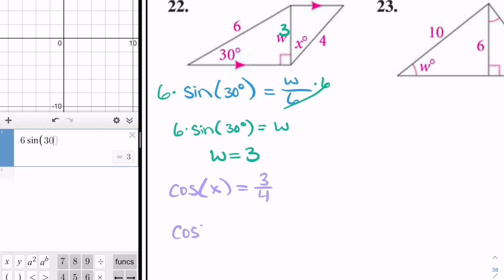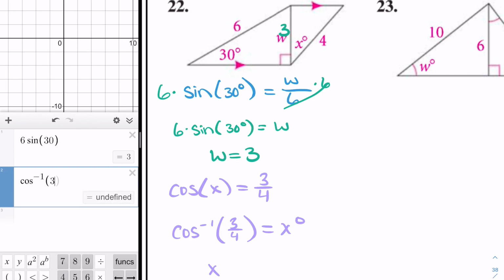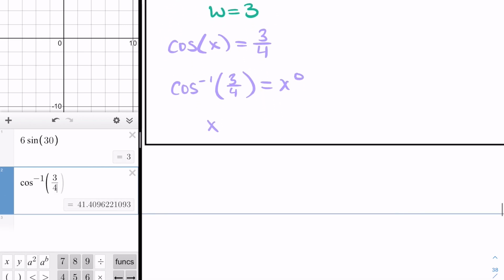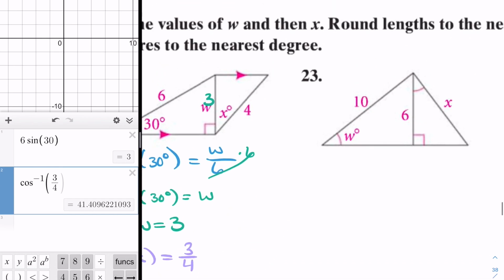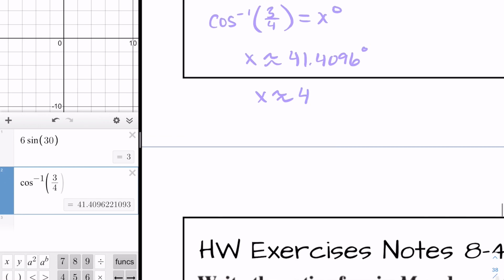So cosine inverse of 3 over 4 is equal to x degrees. Cosine inverse of 3 over 4 is 41.4096. So x approximately equals, to the nearest degree, 41 degrees.